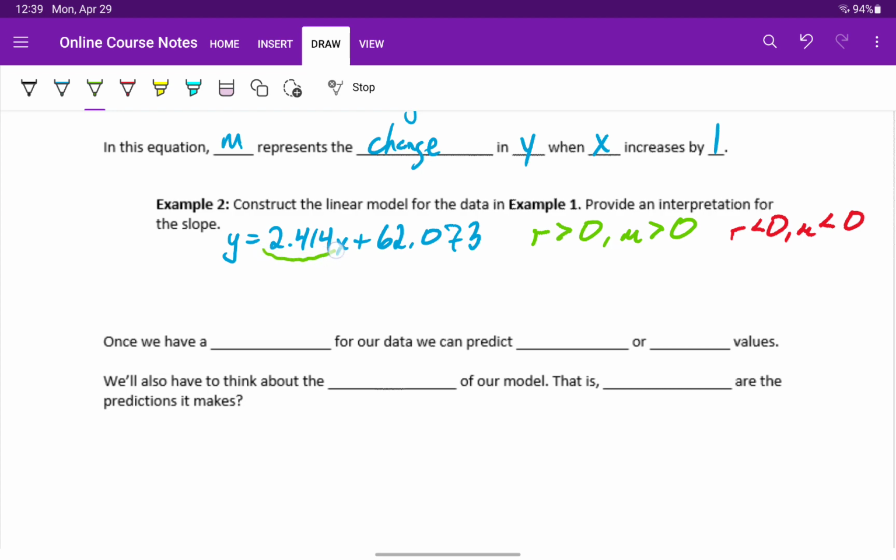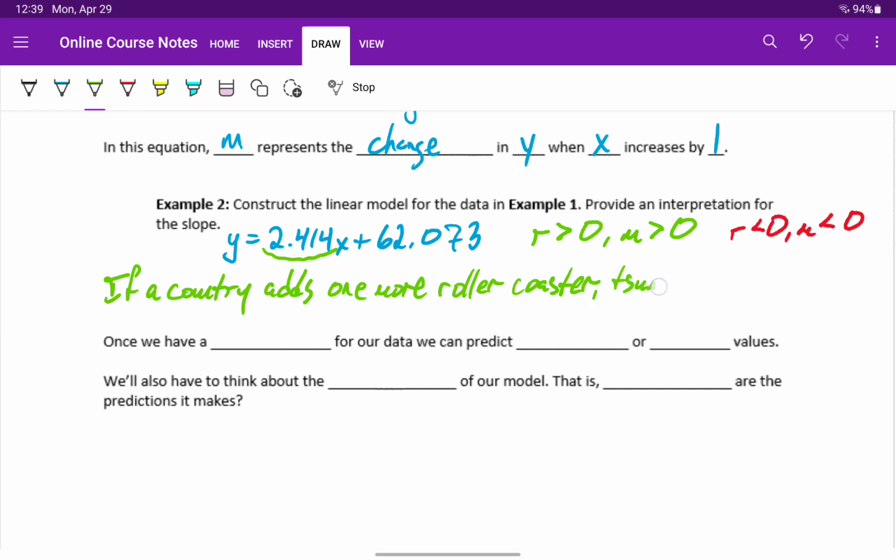And we can also look at interpreting that slope by saying that if a country adds one more roller coaster, so if our x value increases by 1, then that country's tsunami aid will increase by $2.414 million.